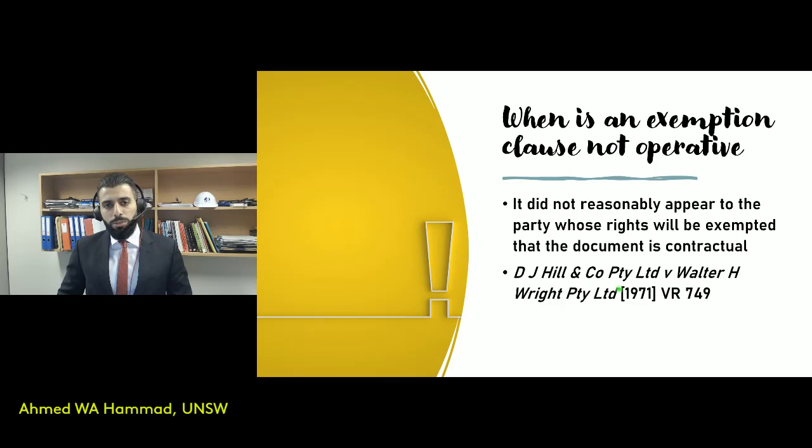In the receipt there was a fine print that said the party that delivered the materials will not be liable for any damage of the products that have been delivered. And it was found in the court that this exemption clause doesn't apply because it's not a contractual document. So the receipt wasn't considered as a contractual document.